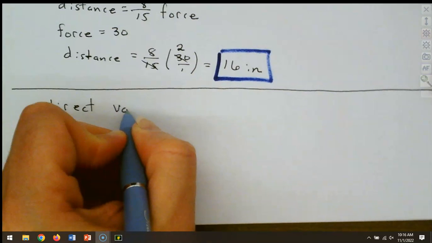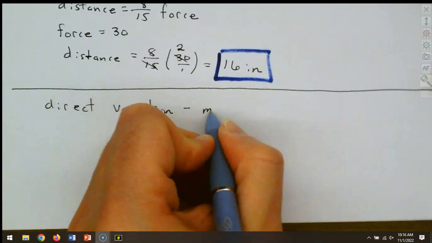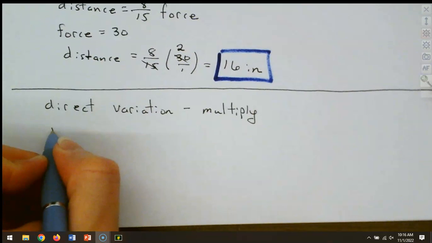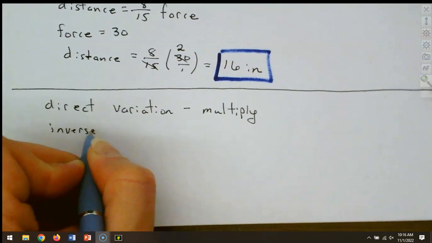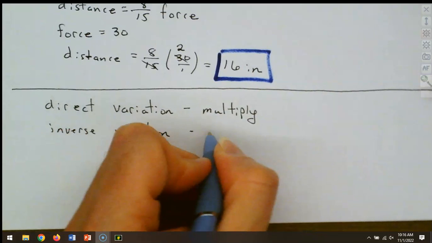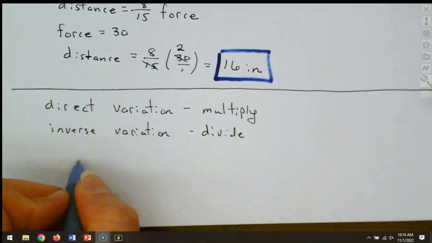So direct variation, that means we multiply. And inverse variation, well, that means we divide. So inverse variation looks like this.